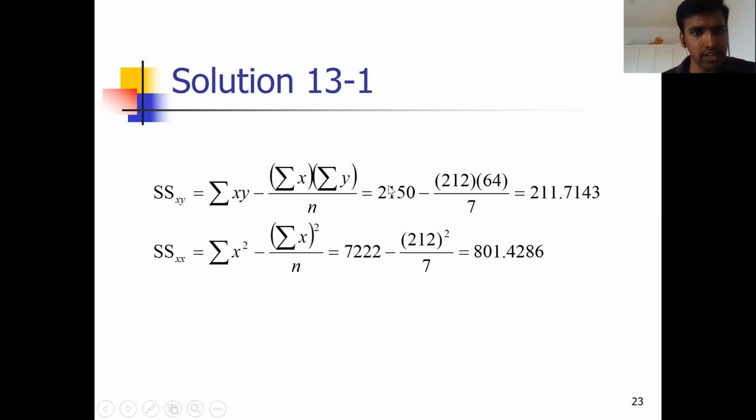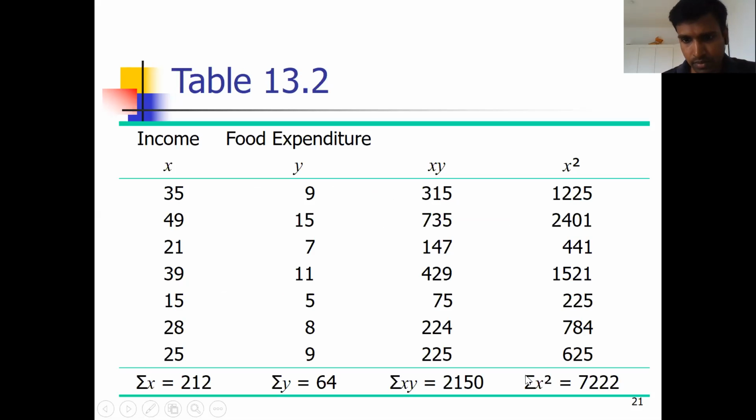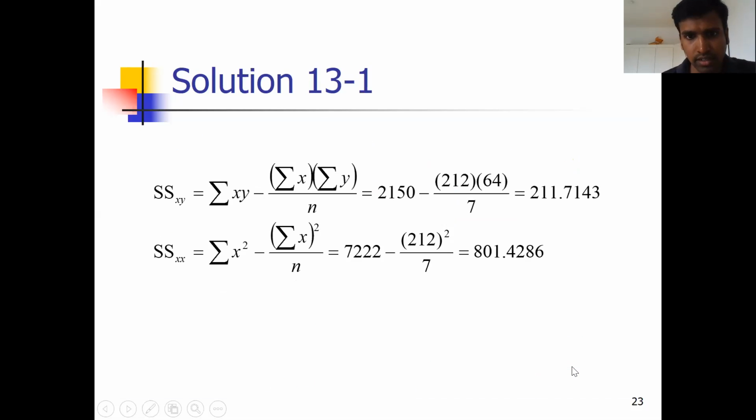The sum of squares of x and y is 211. Similarly, the sum of squares of x and x is computed by this formula: we know the sum of x squared is here, substituted here, and you take the sum of x, which is this part, square it, and divide that by n, and you get 801.